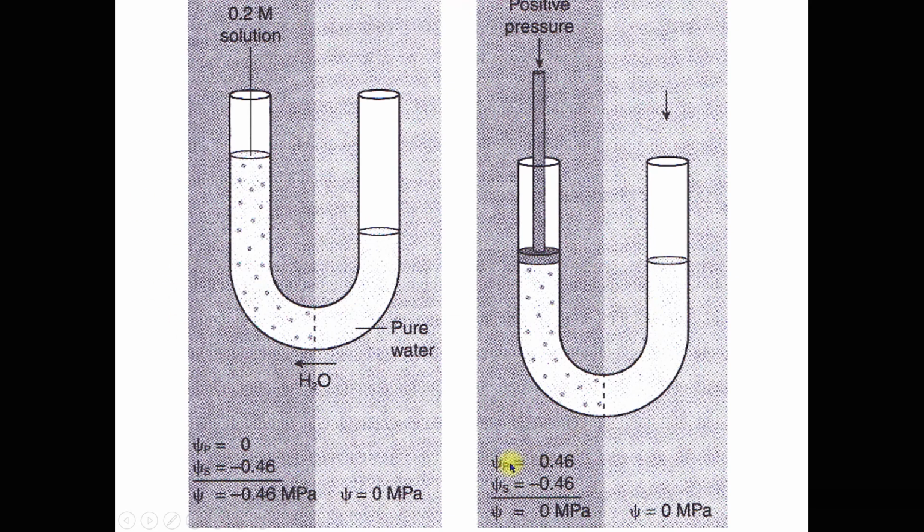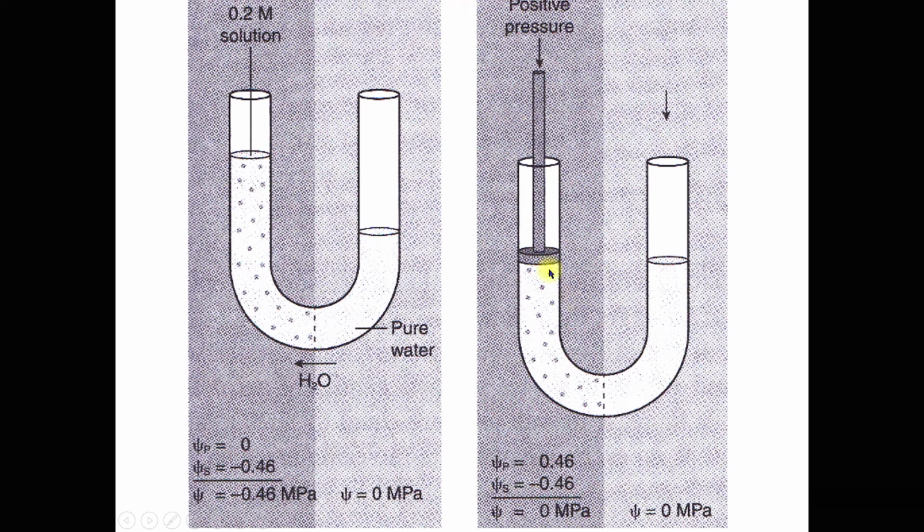Let's say the pressure potential being applied here is 0.46 megapascal, and we already know from the previous condition that the solute potential is negative 0.46. So what is the water potential here? That will be 0.46 plus negative 0.46, which will give you 0 megapascal.